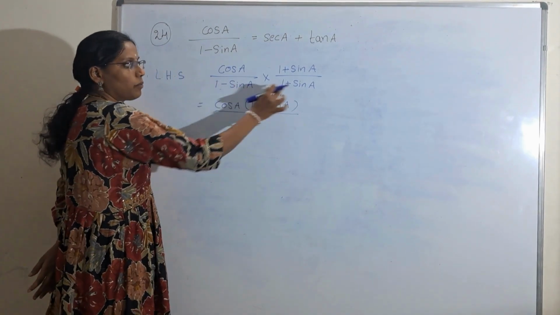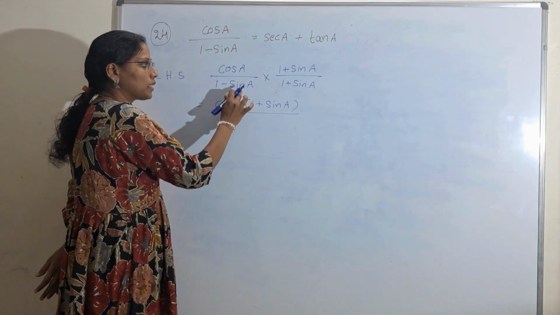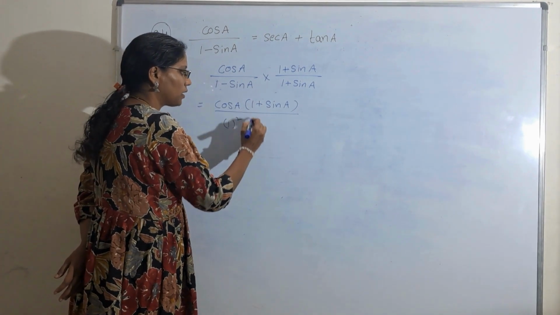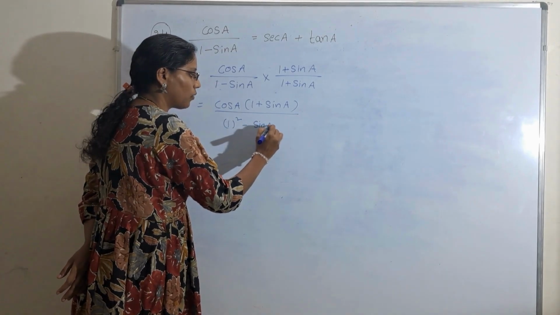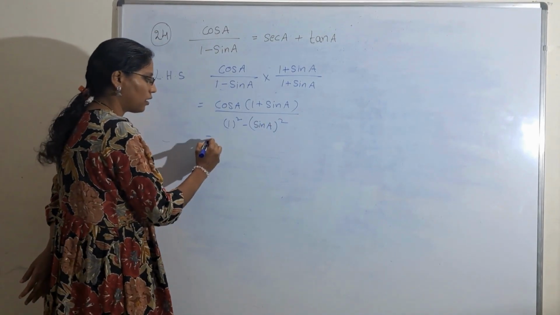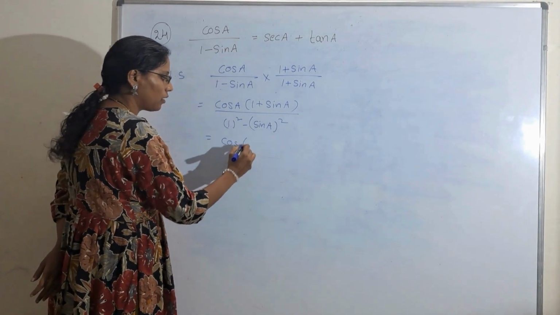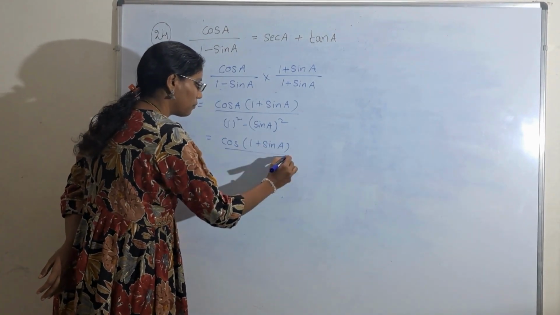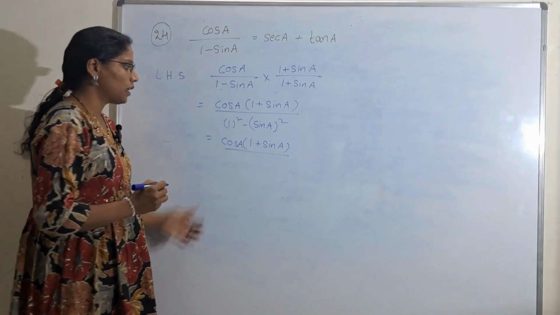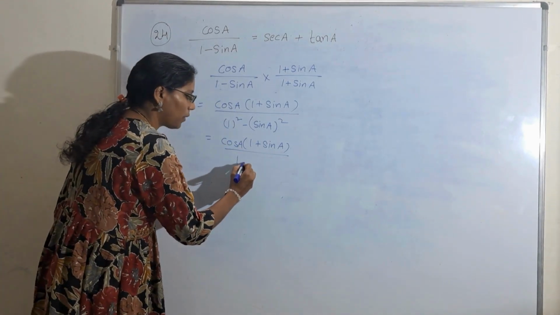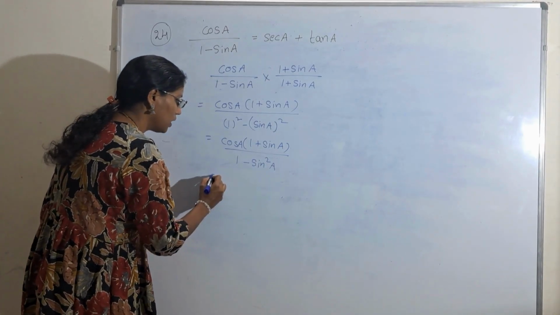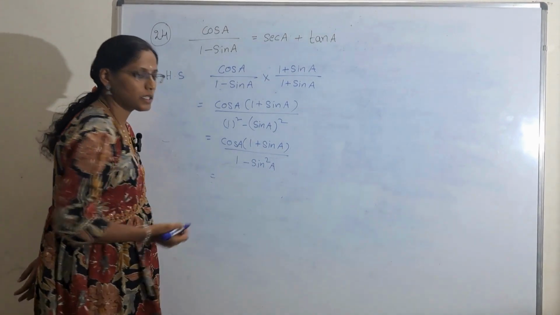By the formula we have to apply, (A minus B) into (A plus B), 1 square minus sin A whole square. Cos A of 1 plus sin A by, here 1 square value is 1, minus sine square A equals 1 minus sine square value.